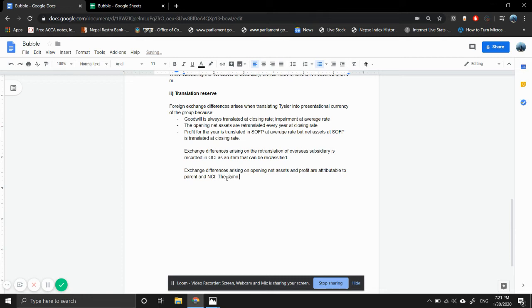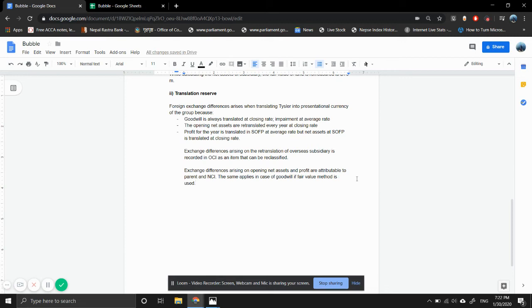The same applies in case of goodwill if the fair value method is used. Right?